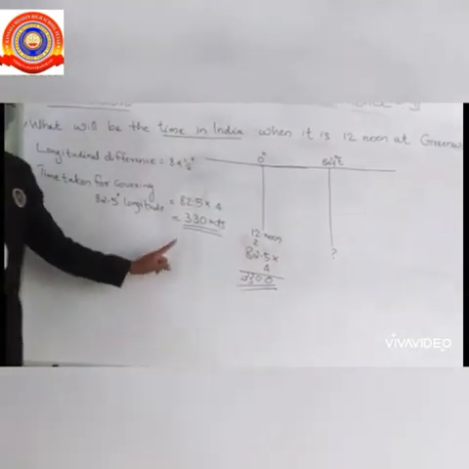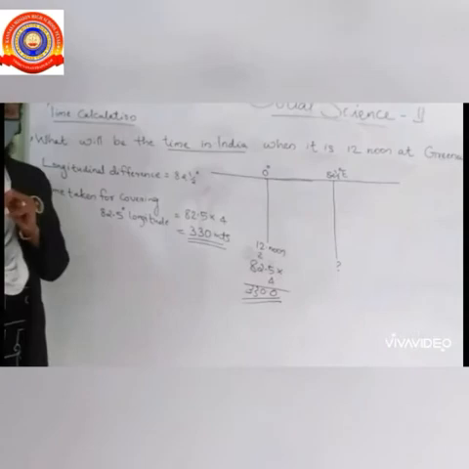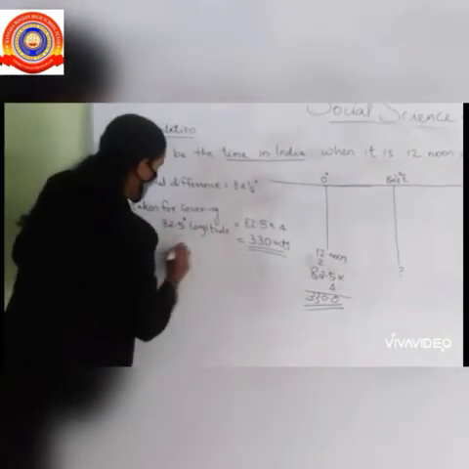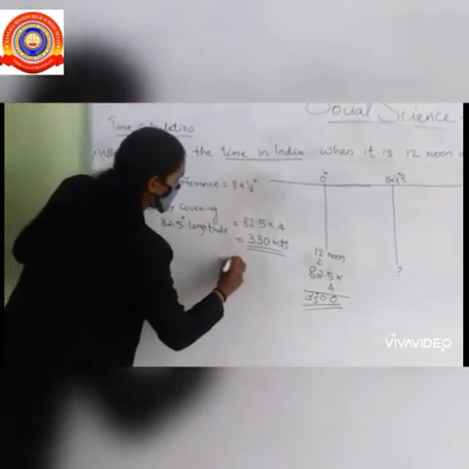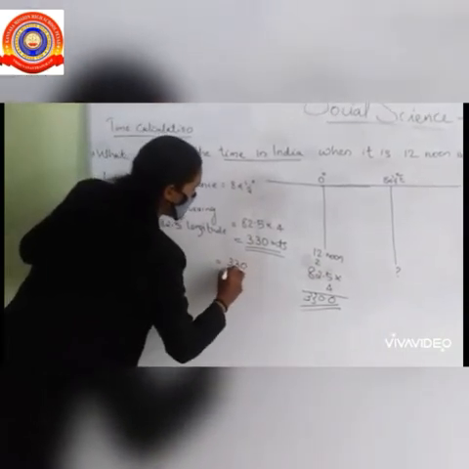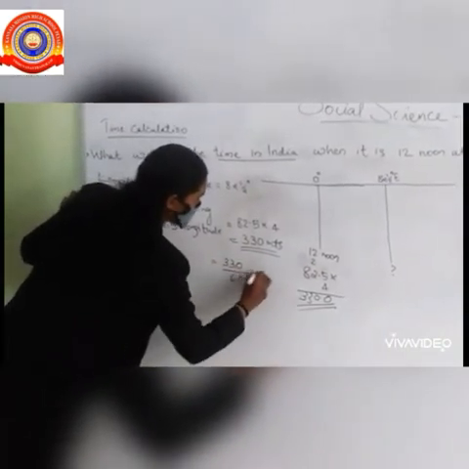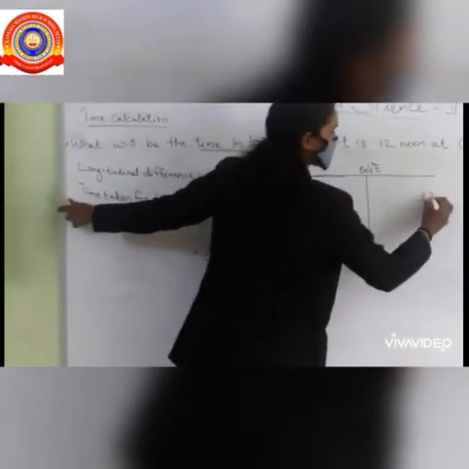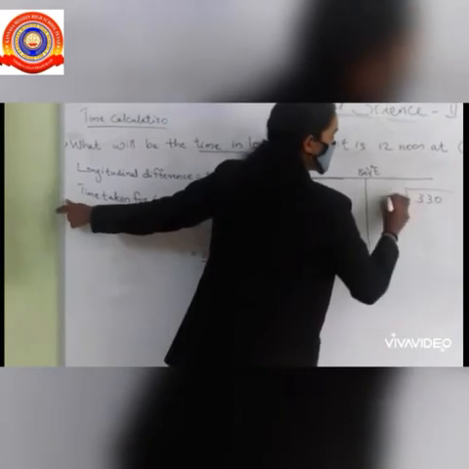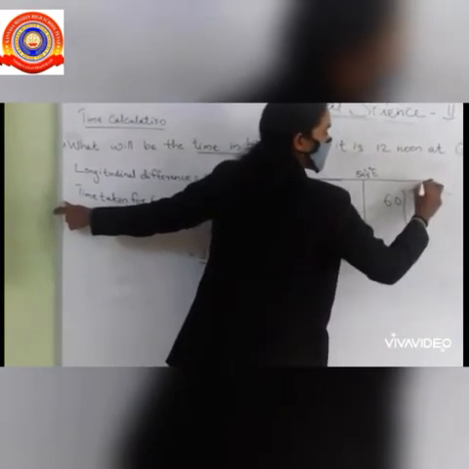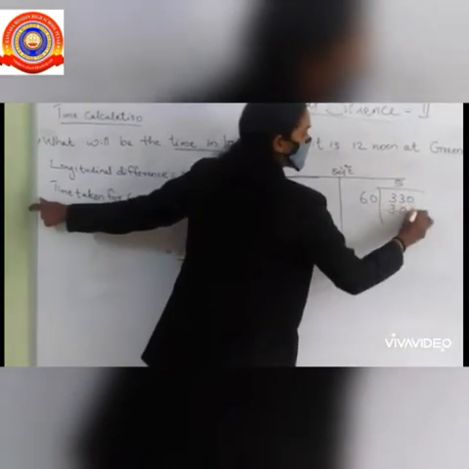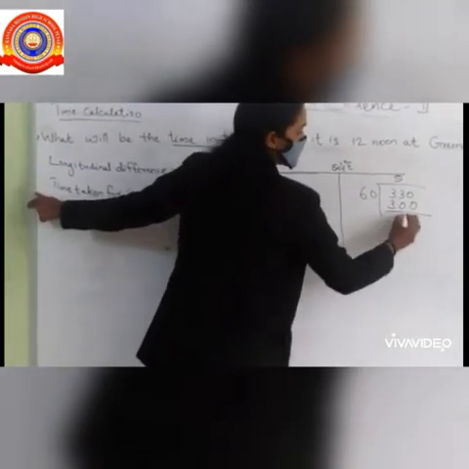See, it is in minutes form, so we need to convert it into hours. For that, we divide 330 by 60. When we divide 330 by 60, we get 5, and 30 is remaining here.